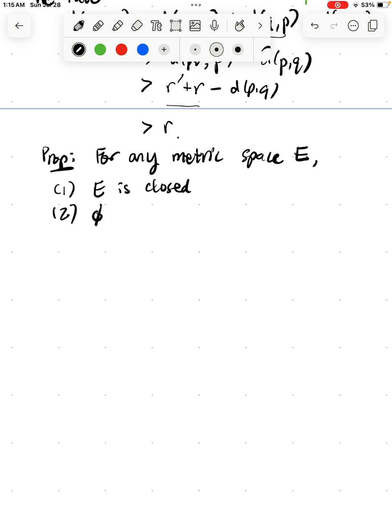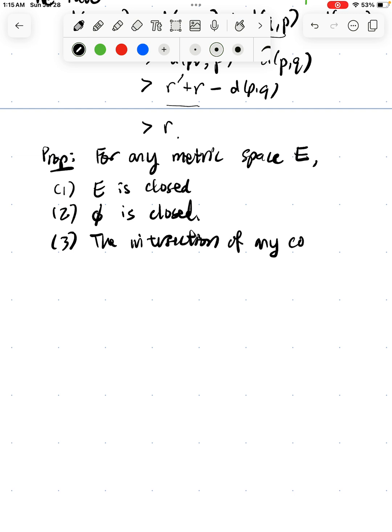The second one is that the empty set is also closed. We explained that before. We have to prove that the complement is open. The complement of the empty set in E is just E, and we know that E is open. So that proves number two. And then number three is the intersection of any collection of closed subsets of E is closed.